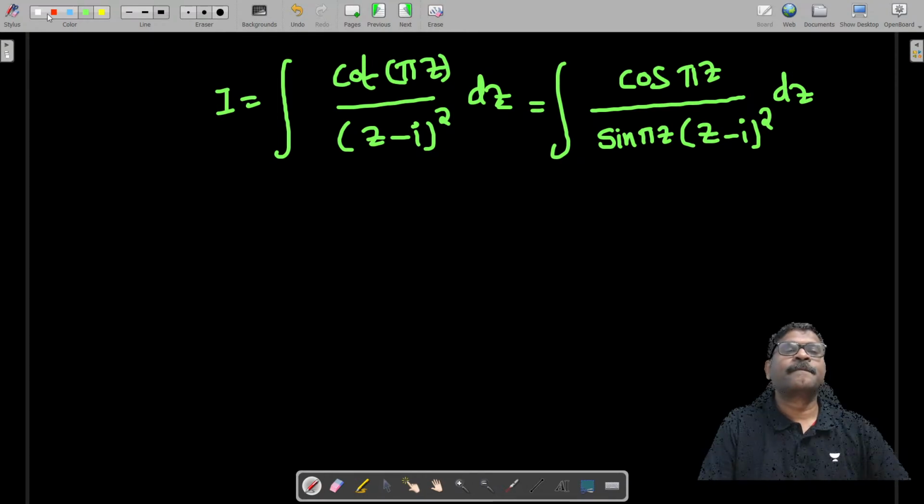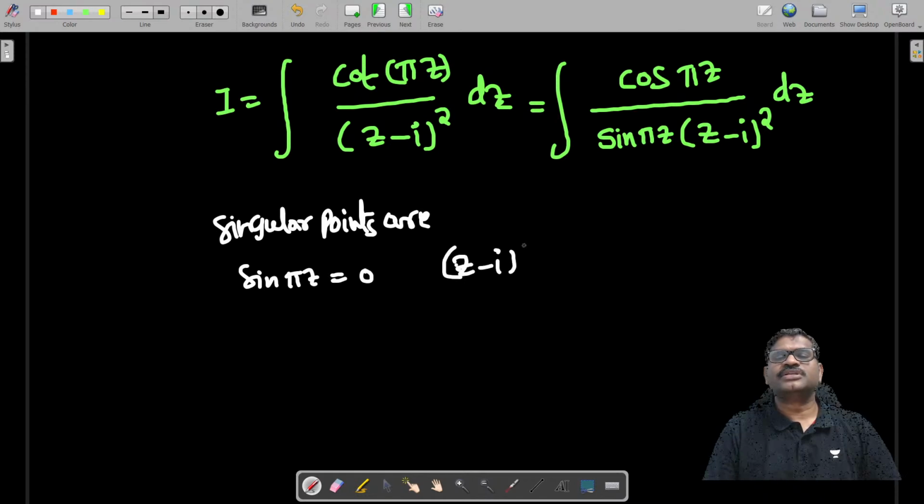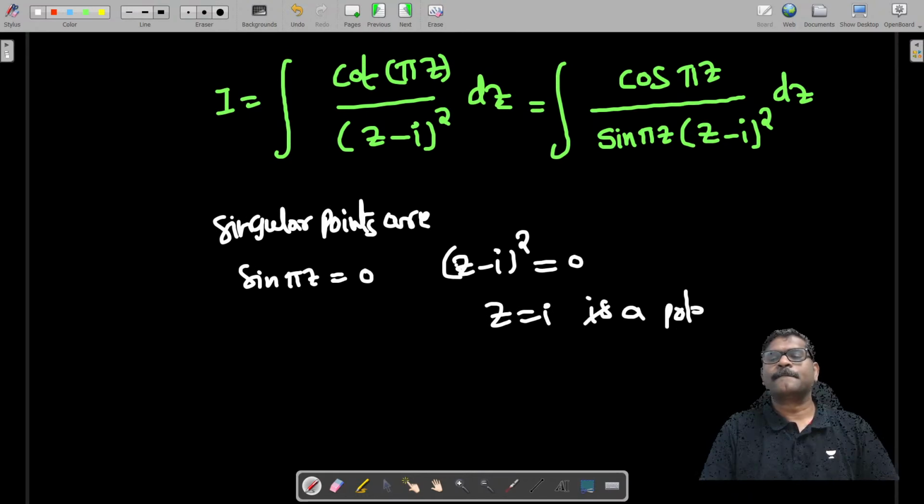Okay? Observe here, the singular points are sin pi z equal to 0, and (z minus i) whole square equal to 0. z equal to i is a pole of order 2.